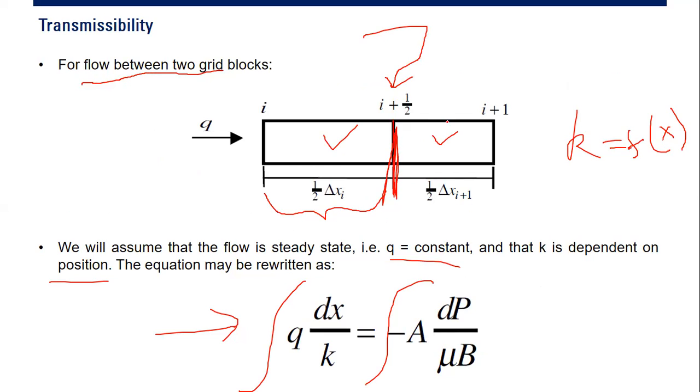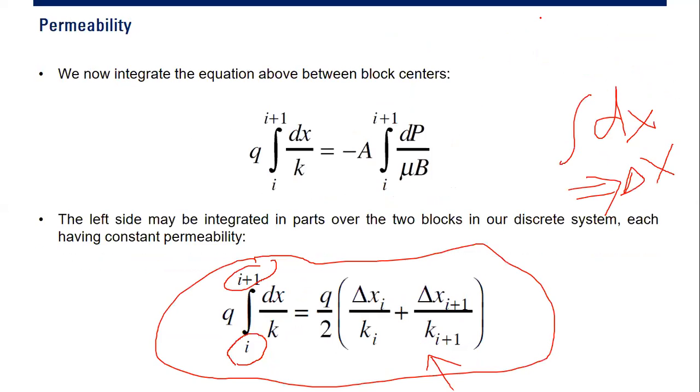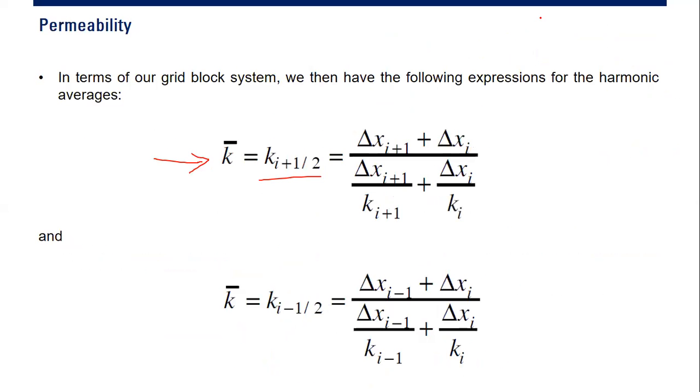If you have two grid blocks, and this location is i plus half, the permeability at this location is K at i plus half, and this is actually K bar, the harmonic average of permeability, which is this one.